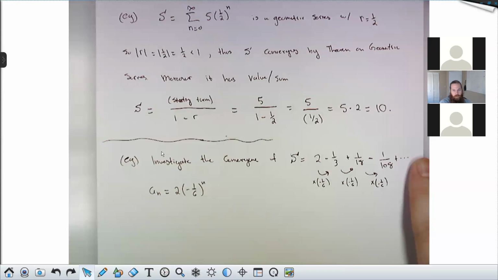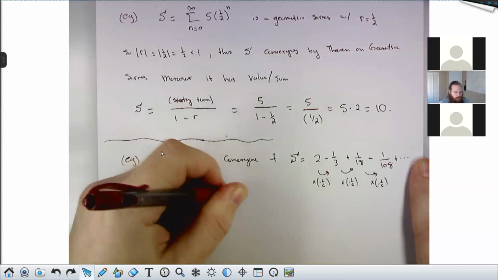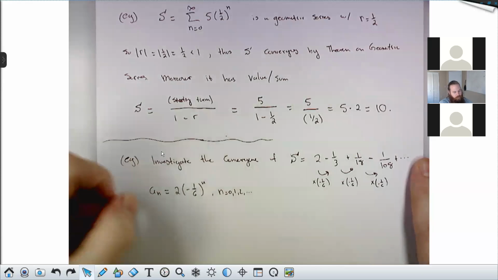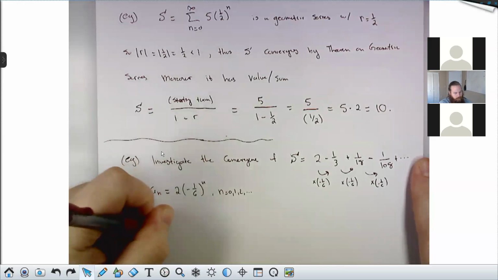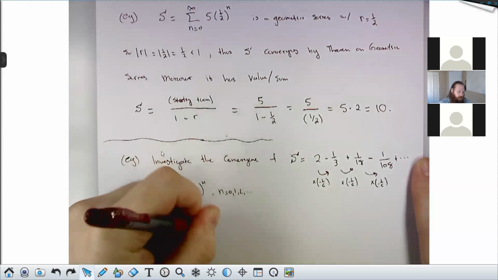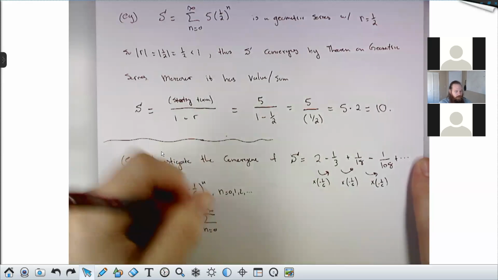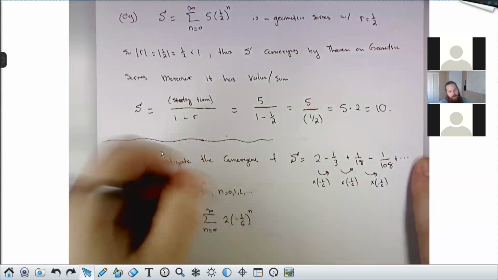And the n's here appear again to be starting at 0. So the series S is the sum from n equals 0 to infinity of the ANs, which is the sum from n equals 0 to infinity of 2 times negative 1/6 to the n.